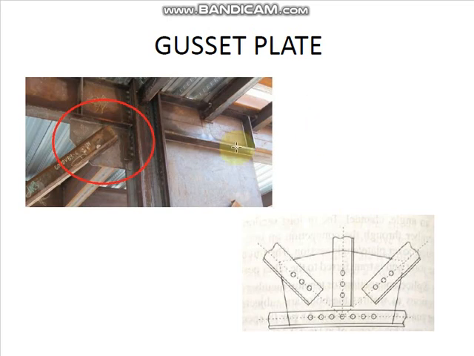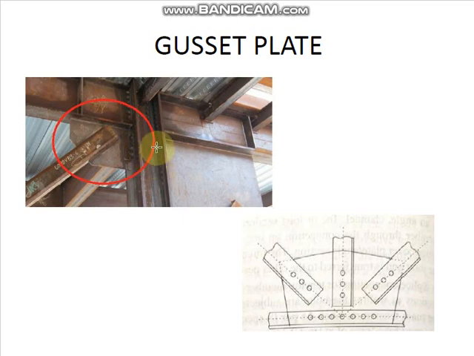And the next type of member is gusset plate. Here in this figure you can see the plate. This is known as gusset plate. Here also this is known as gusset plate. Actually, a gusset plate is a plate provided to make connections at the place where more than one member is to be jointed. Example, joints of truss girder, etc. The lines of action of truss members meeting at a joint are assumed to coincide.